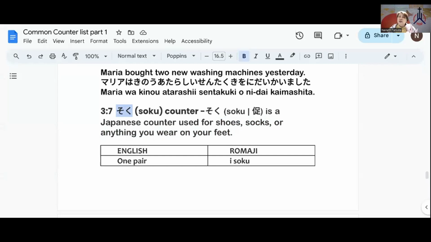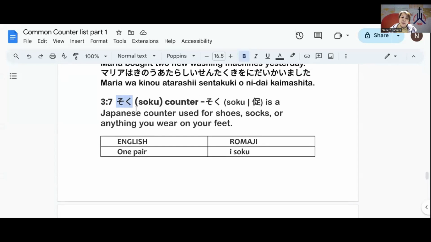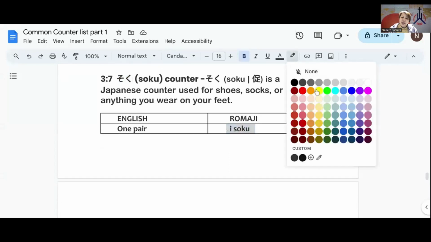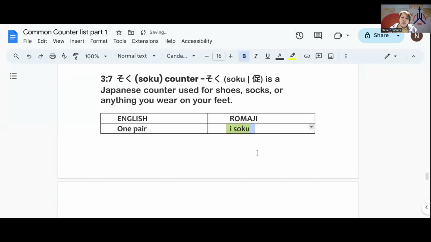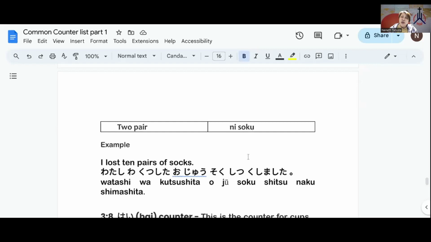It's only for things we use on the feet. So it's not hitotsu, futatsu, but soku. And an exception again: not ichisoku, but issoku, nisoku, sansoku, and so on.